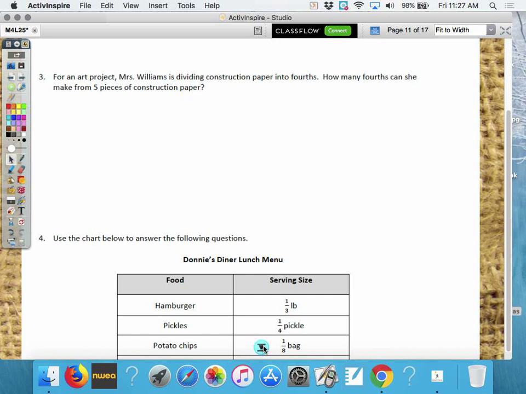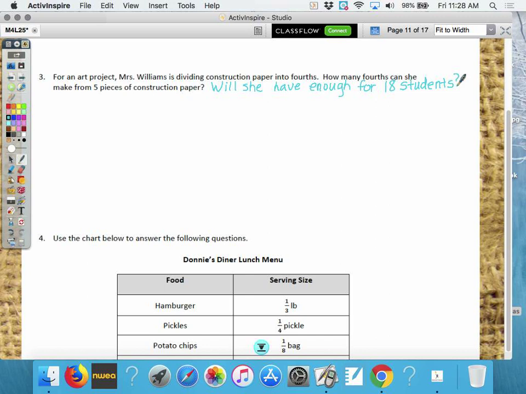Now I'm going to add a little bit more. Will she have enough for 18 students? So there's 2 questions. I added a question because you've got an extra one on your exit ticket. Okay?